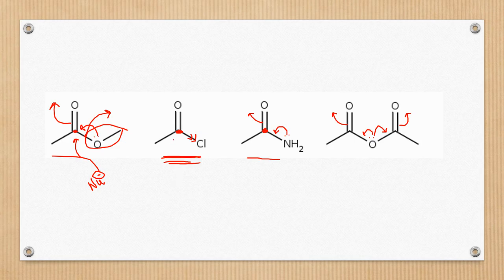Why? Because of the higher electrophilicity at this carbon and the higher ability of the leaving group to leave. But when you compare these three resonating structures, in which the resonance is least, in which is the electrophilicity at this carbon higher? We have two carbons in acid anhydride.